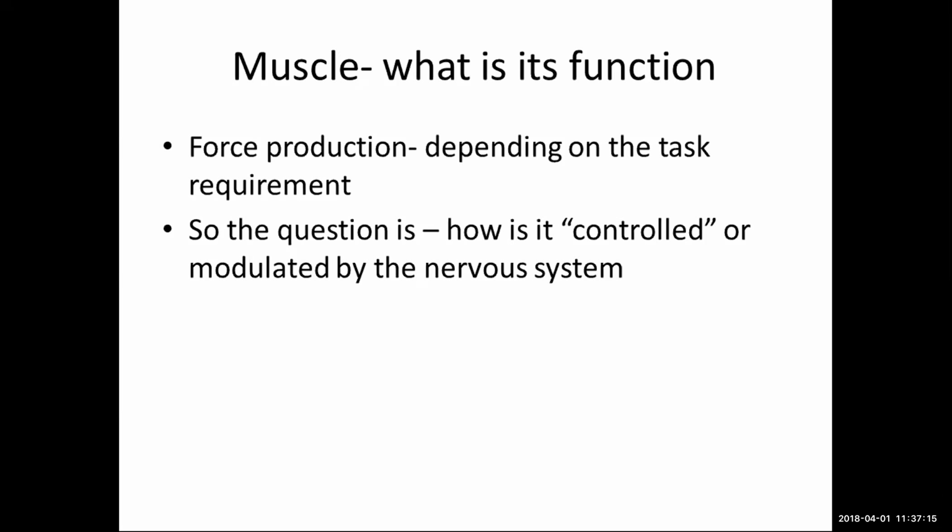That's what we mean by depending on the task requirement, we will produce force. So the question in everybody's mind for the last 100 years is, how is this controlled? How is the nervous system able to modulate how much force the muscle has to produce?